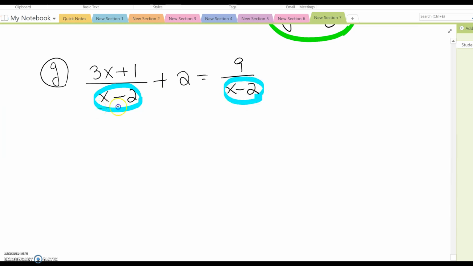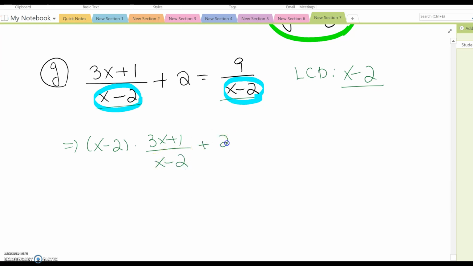Fortunately, x minus 2 repeats, so the LCD becomes x minus 2. Then you multiply x minus 2 to each fraction form: x minus 2 times 3x plus 1 over x minus 2 plus 2 times x minus 2 equal to 9 over x minus 2 times x minus 2.